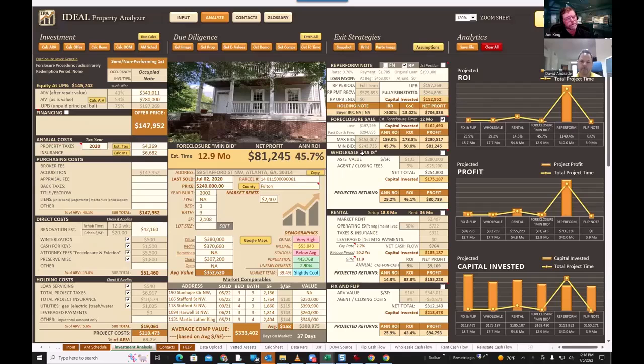So we'll leave it there and say we're going to start our bid at that $243,000 mark to make that 50% return. Now you can see right off the bat, we're paying 75% of the UPB. Our strike price is at $147,000. We're fairly confident that the borrower is not going to reinstate, and we're probably going to go through a foreclosure process.